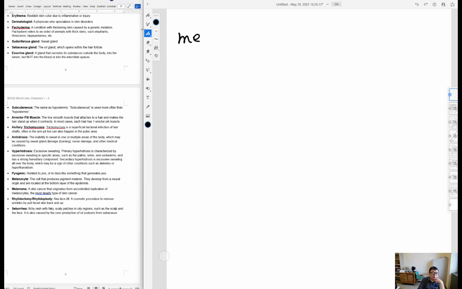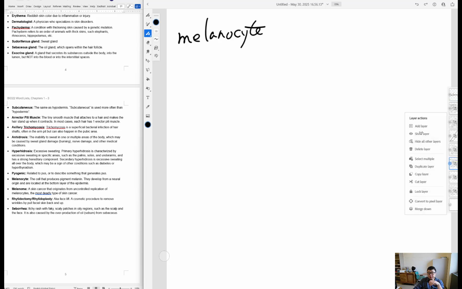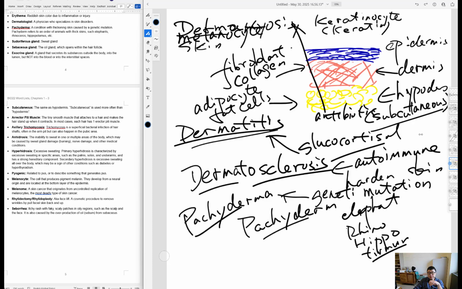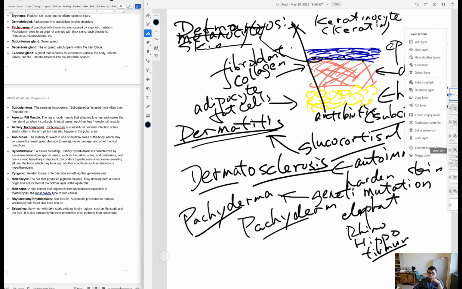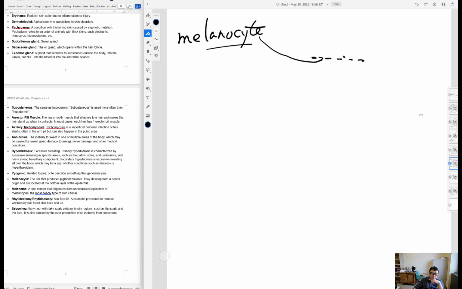Melanocytes. Where are melanocytes? They are here, at the very bottom of the epidermis, and melanocytes produce melanin.